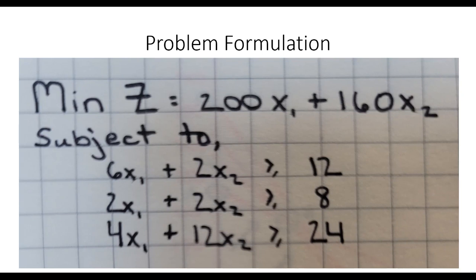And 4x1 plus 12x2 is greater than or equal to 24, the amount required of low-grade ore. What we are trying to do is minimize z, or costs, and 200x1 plus 160x2 is the costs associated with running different mines per hour to attain the ore that we are looking for.